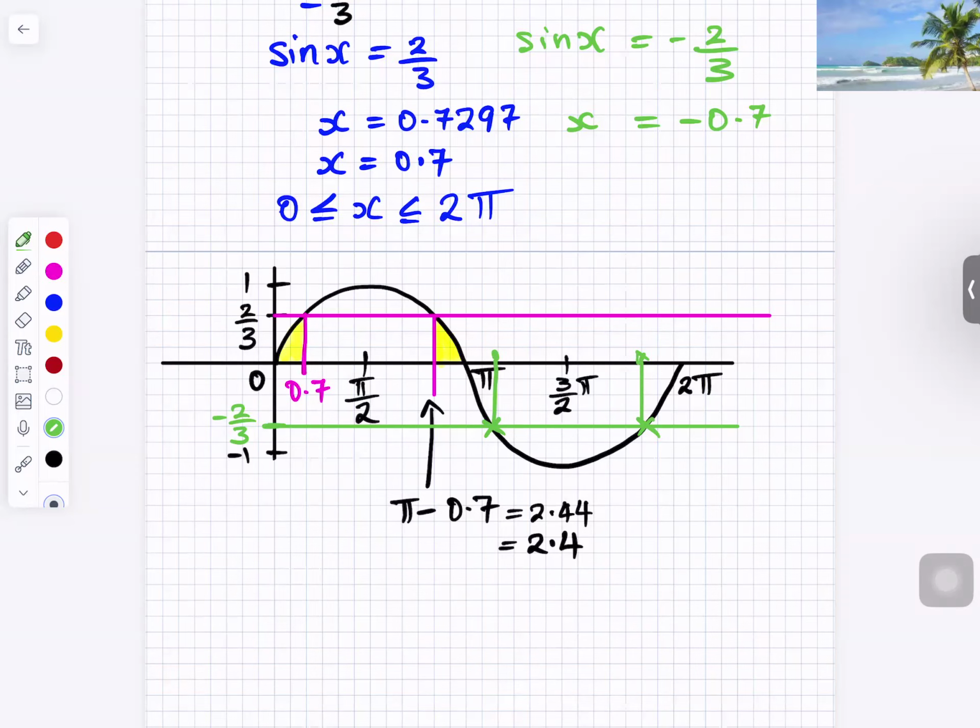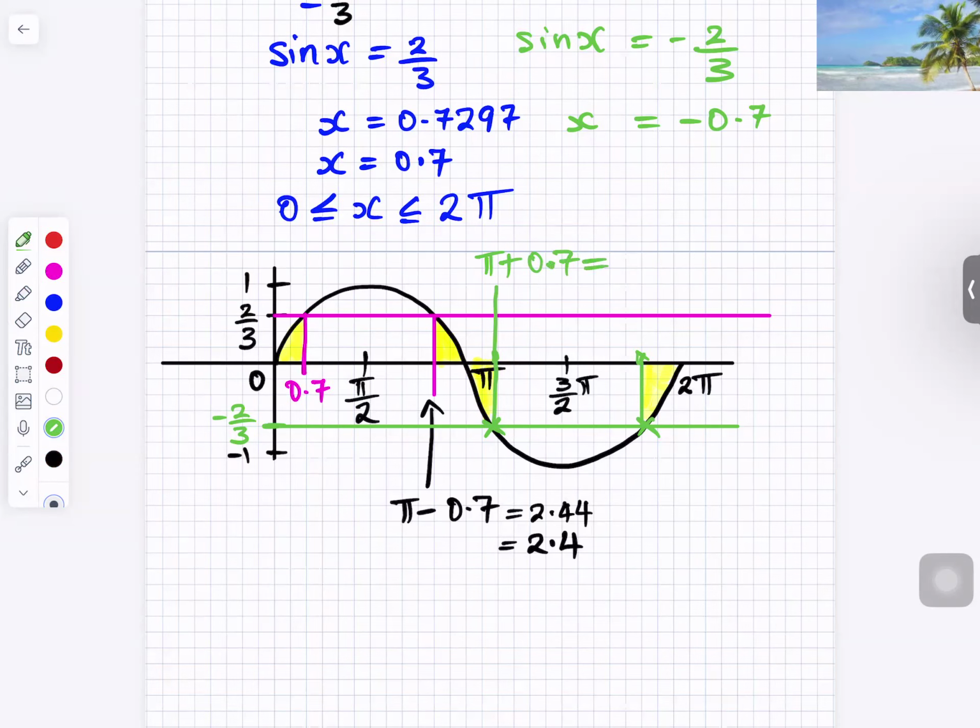Now, this thing is symmetrical. So this yellow area is the same as this yellow area there. So this is pi. That green one would be pi plus 0.7.